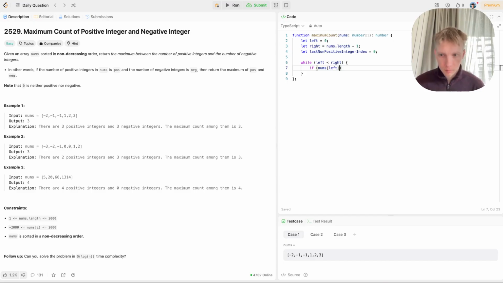If numbers left, right plus 1, if numbers left, well, no, we're looking not for one number. And binary search, yes, it should work.